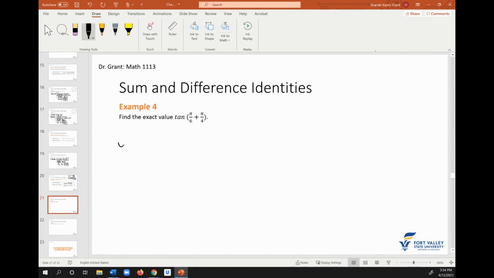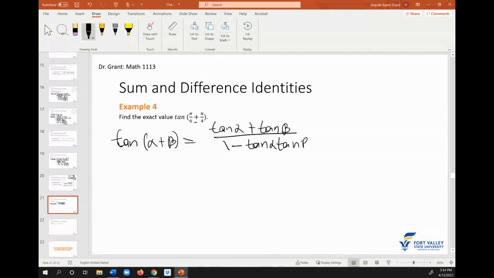So like before, if we have tan of alpha plus beta, since it's a sum, that's going to be equal to tan alpha plus tan beta divided by 1 minus the product of the two. Of course, this is my alpha, this is my beta.